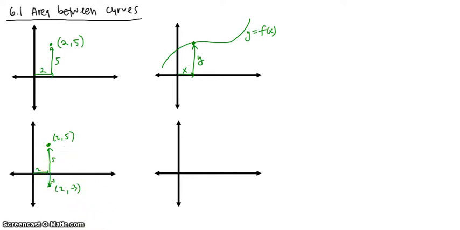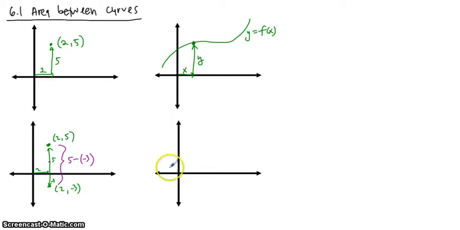So the total distance here will become my 5 minus the -3, right? And if it was a +3, the distance would still be 5 minus the +3, right? So that subtracting automatically takes care of any kind of negative values that might be involved. So it won't matter whether my point is above or below the axis.